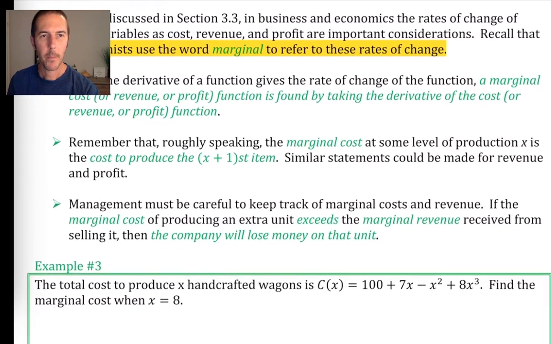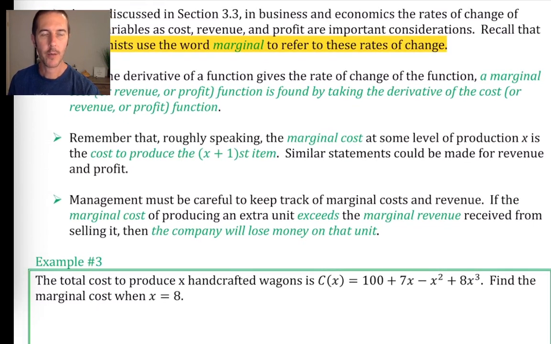And something that I don't work with all that often, being more on the pure math side of things predominantly, is this third bullet that says, remember that roughly speaking, the marginal cost at some level of production X is the cost to produce the X plus first item.